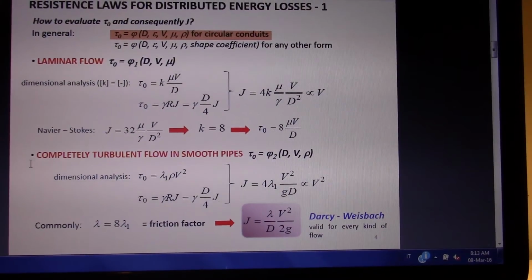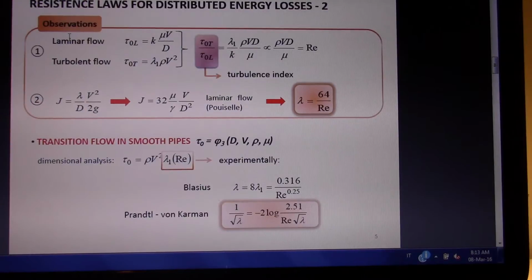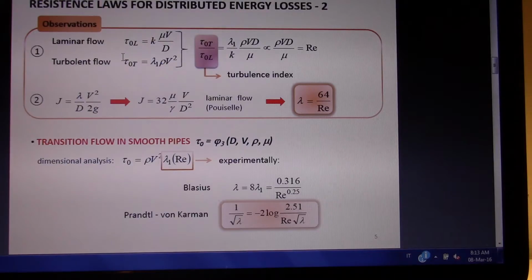Okay, so let's observe one thing. If we recall the laminar flow, we can define a tangential tension for the laminar case, which was from dimensional analysis K times the dynamic viscosity mu times the velocity over the diameter. The same is true for the turbulent flow, which is given by, from dimensional analysis, lambda 1 times rho times v to the power of 2.